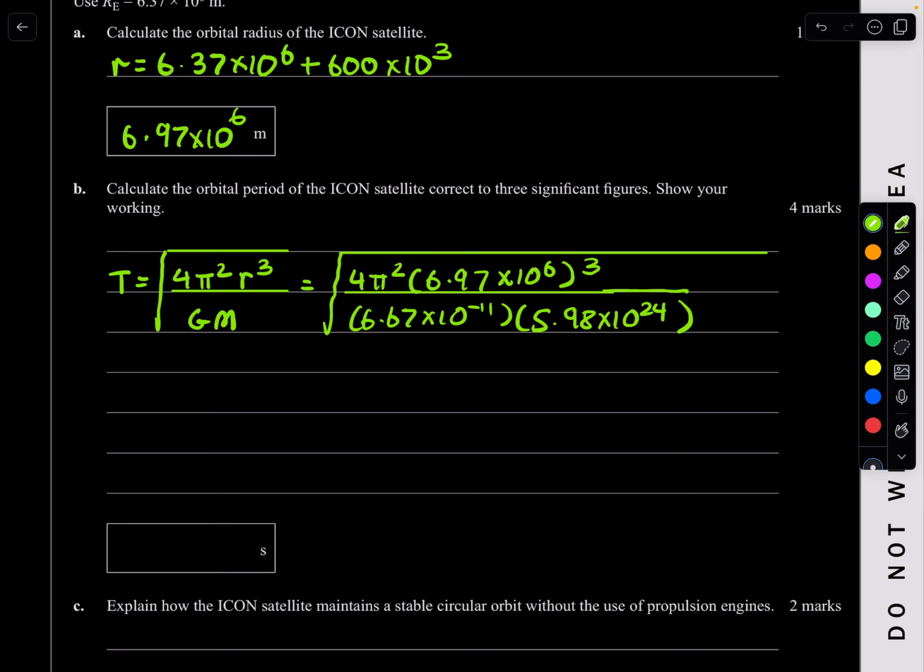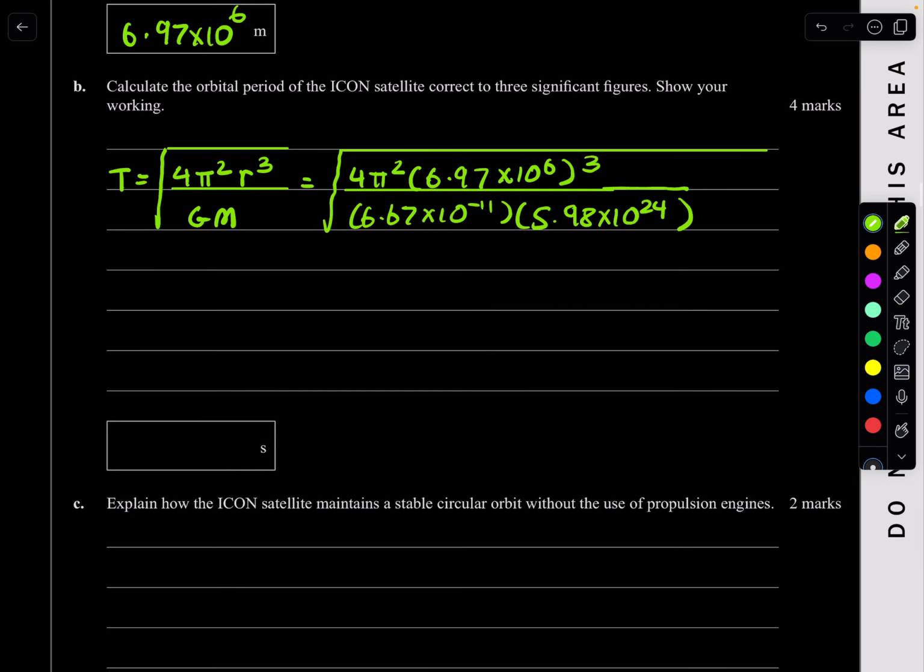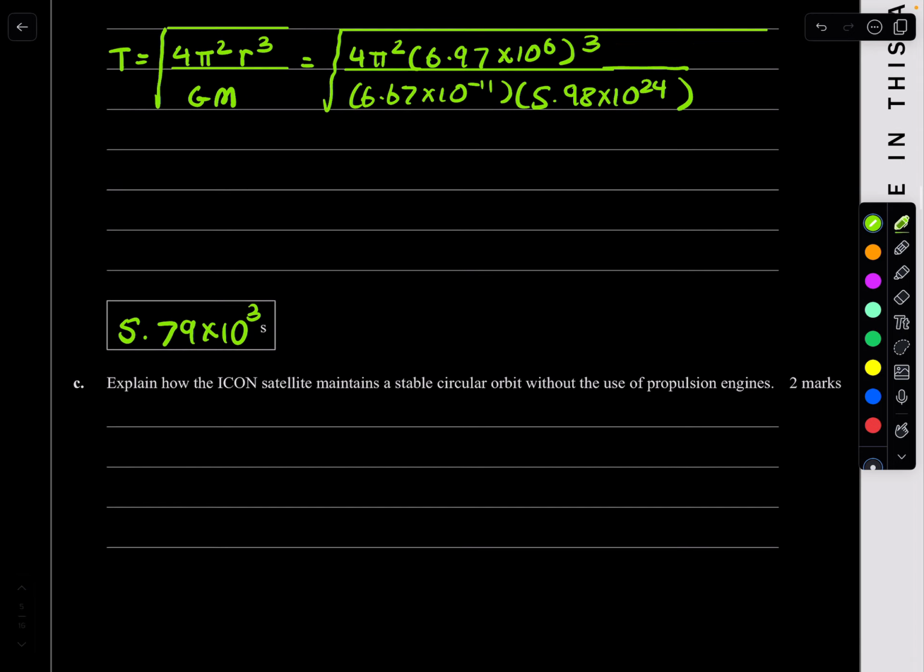Putting this in your calculator, to 3 significant figures, we get 5.79 times 10 to the power of 3. Yep, 3. Beautiful.